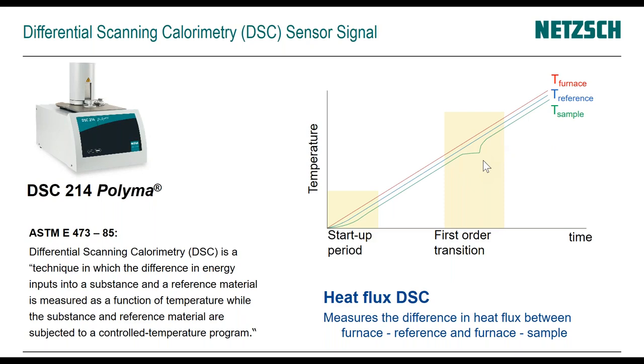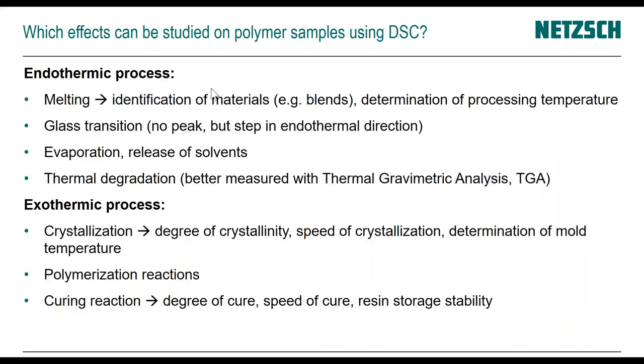In this case, a first order transition that allows us, by distinguishing between an endothermic and an exothermic process, to see if the material actually is melting, has a glass transition, maybe thermal degradation is happening, or how the material crystallizes, what polymerization reactions are happening, or for thermosets, what curing reaction is happening.